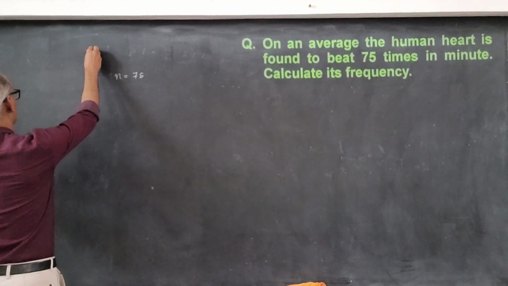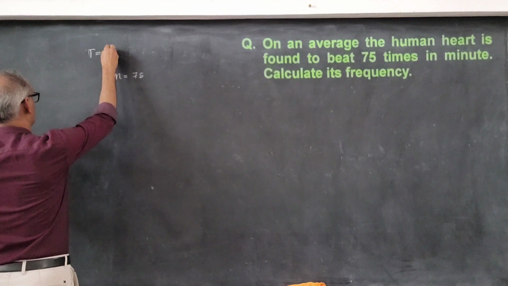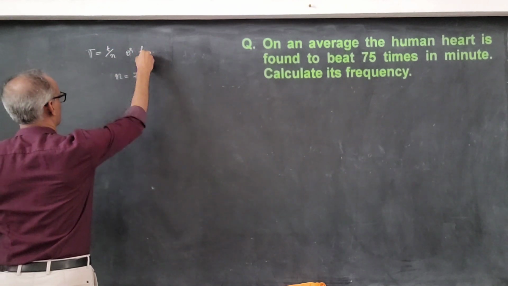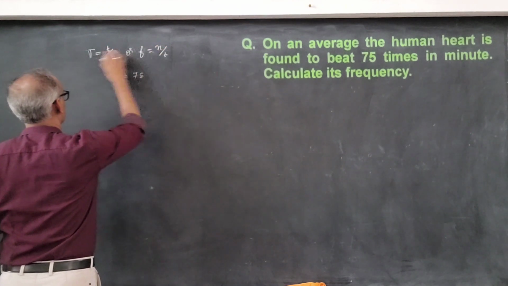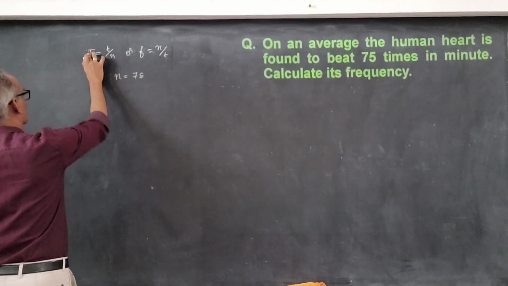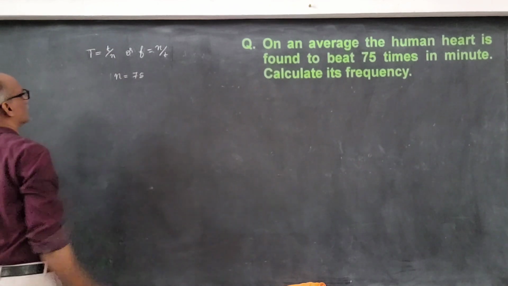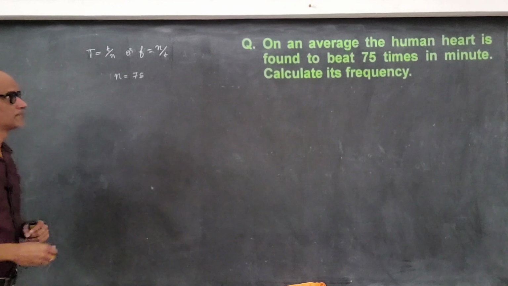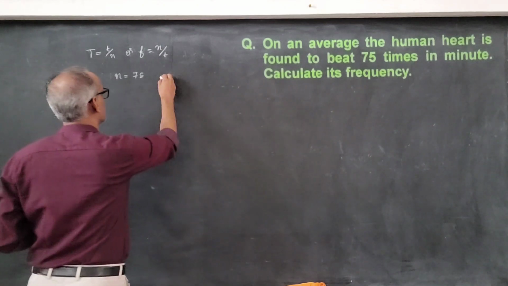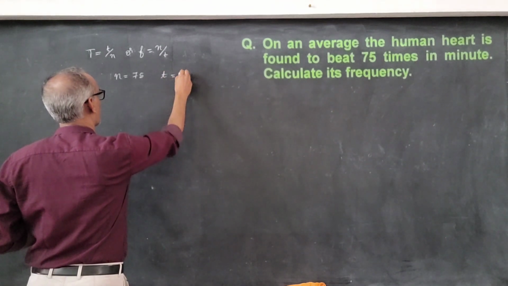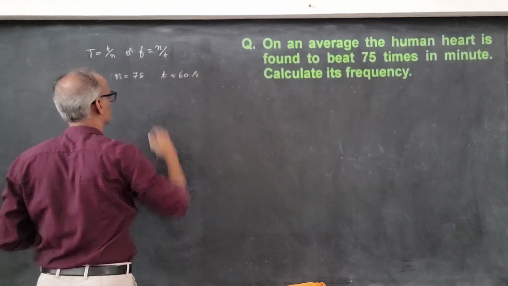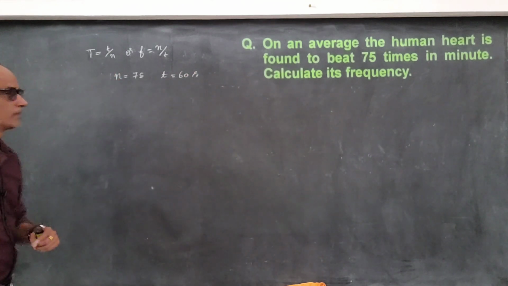Here I am going to write the formula: T is equal to t by N, or f is equal to N by t.